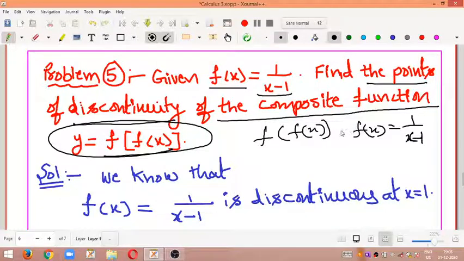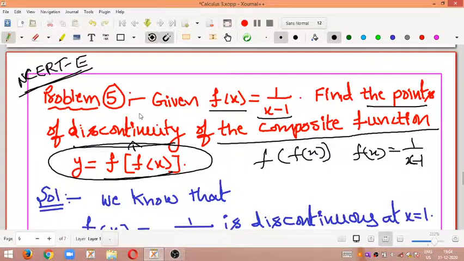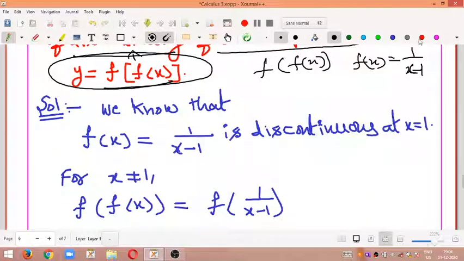So we want to find the points of discontinuity of this composite function. This is also asked in the NCERT part, and it is very important for competitive level exams also.